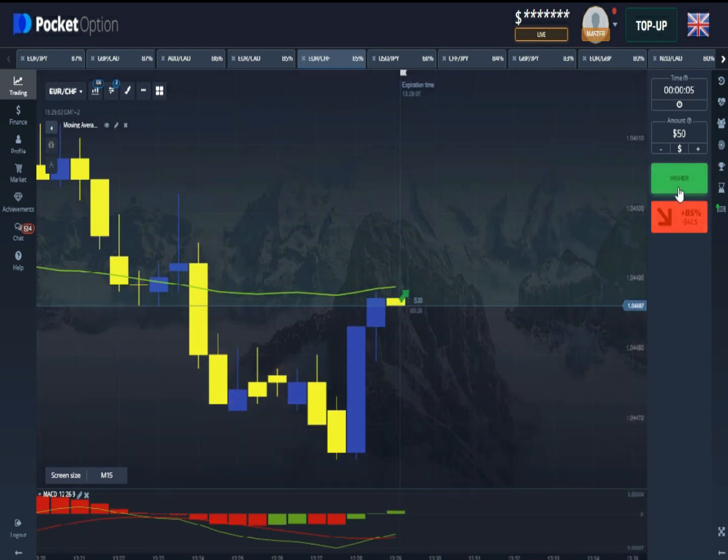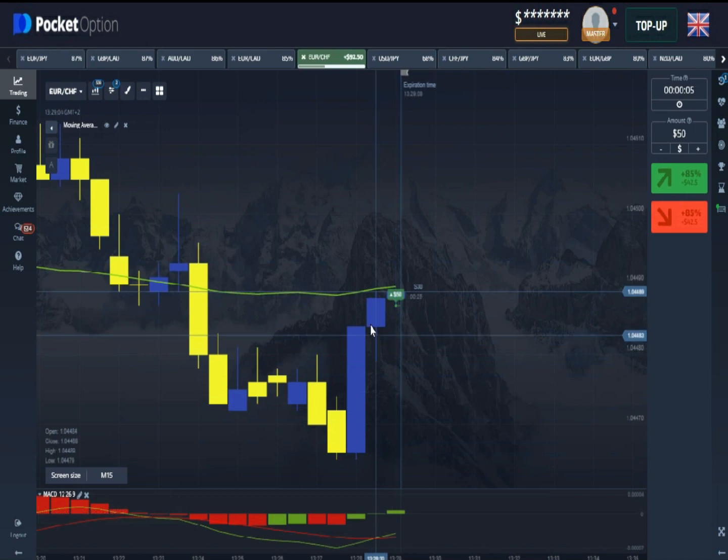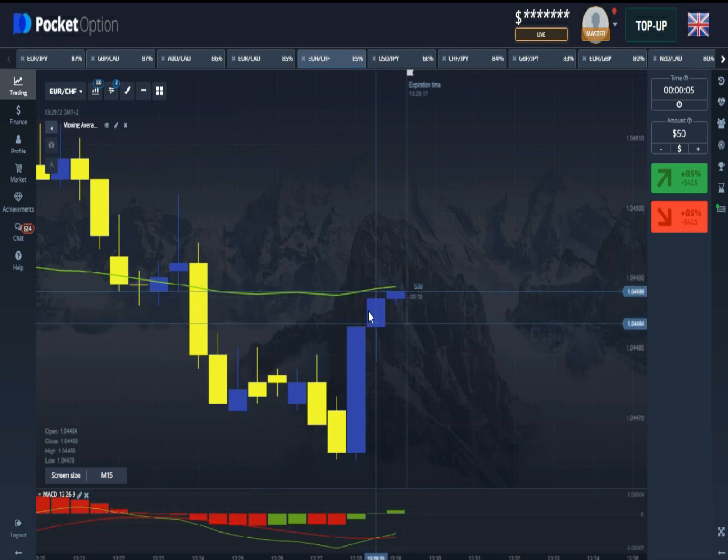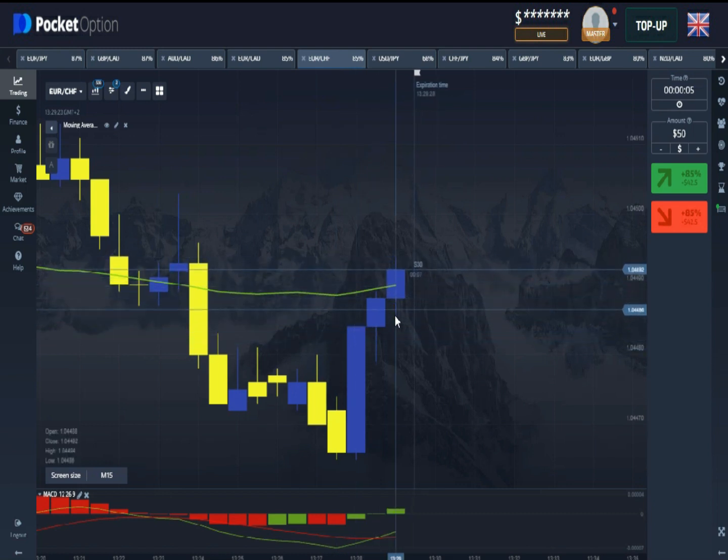Okay, now it's up, they cross each other and it's going up, so I wait for this candle to close, because I want it to close above the previous candle of this area. That's why it makes some yellow, then I took the trade here for above.